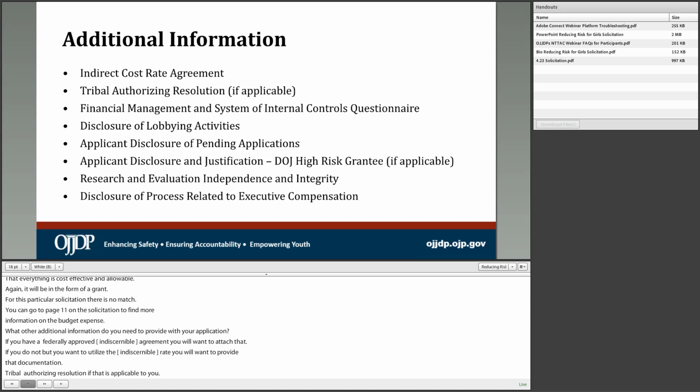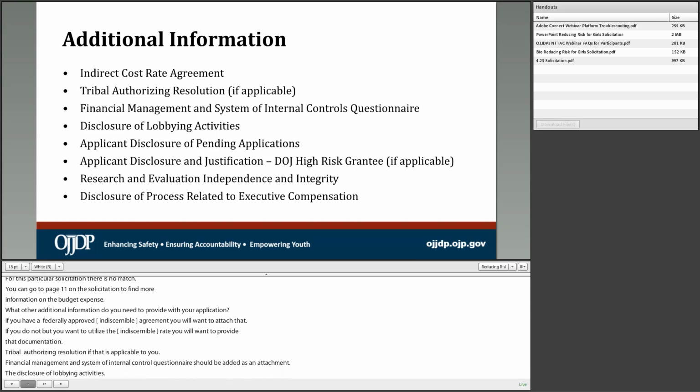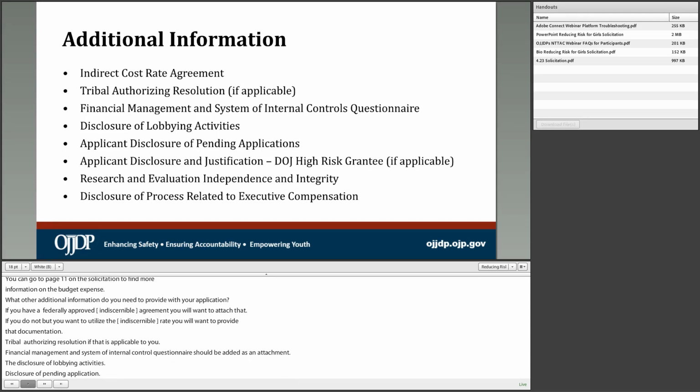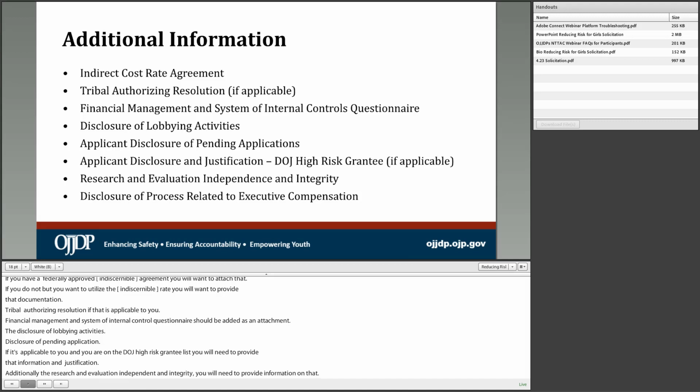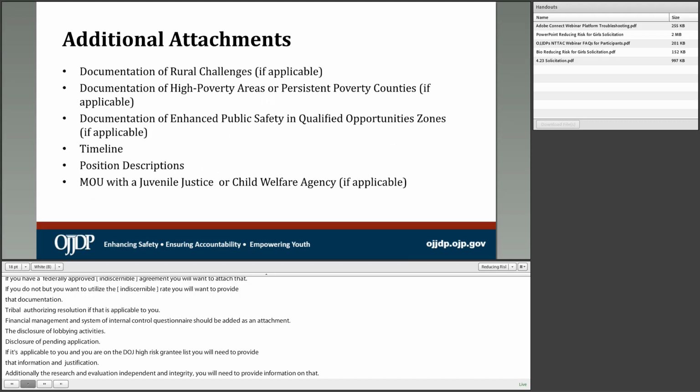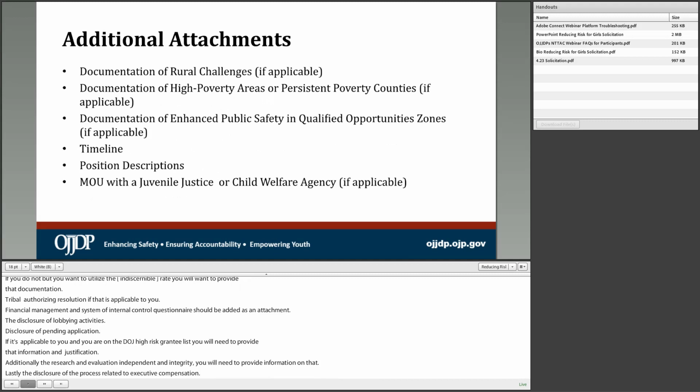Your disclosure of lobbying activities, your disclosure of pending applications. If it's applicable to you, if you're on the DOJ high-risk grantee list, you will need to provide that information and justification. Additionally, the research and evaluation independence and integrity, you will need to provide information on that. And lastly, the disclosure of process related to executive compensation. And all these additional information attachments can be found on page 11 of the solicitation.